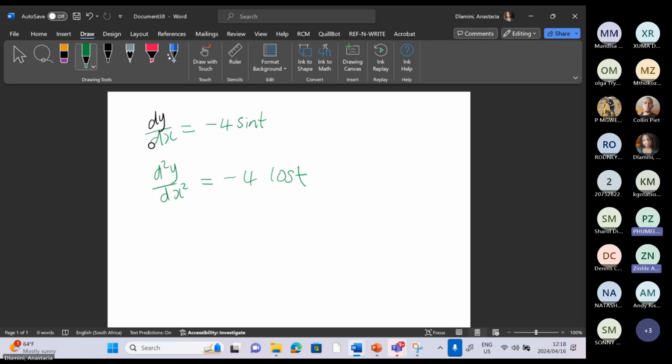Because they have differentiated with respect to x, but in a function of t. Thank you. Thank you very much. Did you hear what she said? Yes. You have differentiated with respect to x in a function of t.